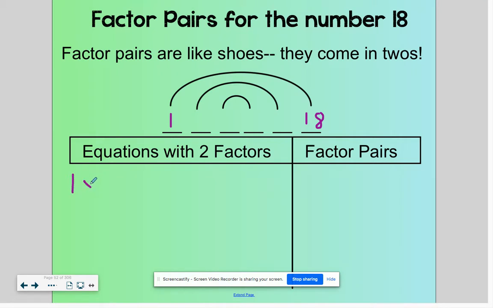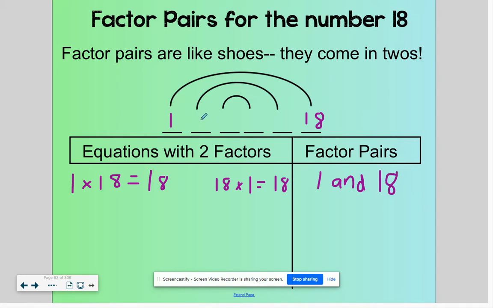That means that 1 times 18 equals 18, and 18 times 1 equals 18. That means the factor pair would be 1 and 18. Remember, we use that word and when we're referring to a factor pair.